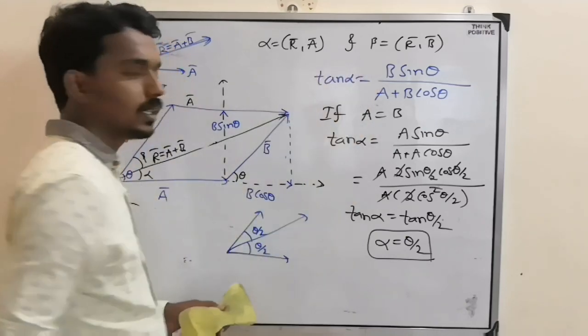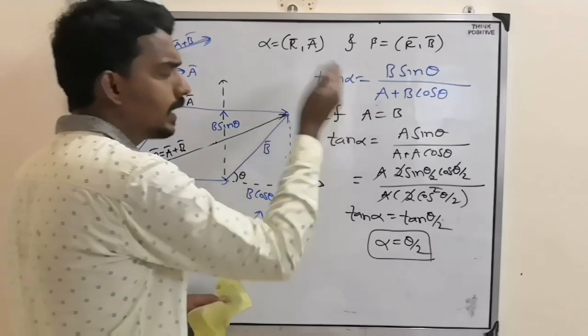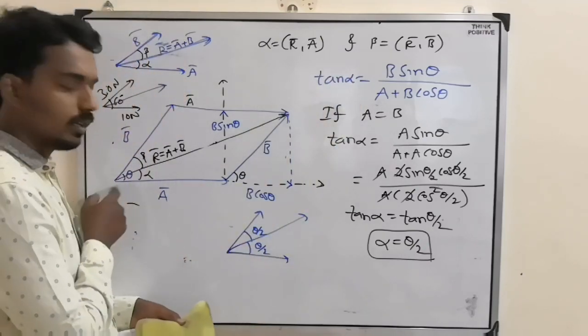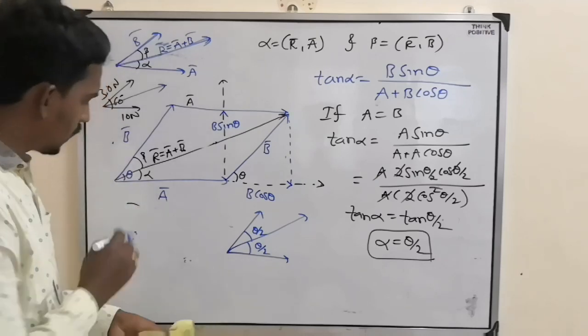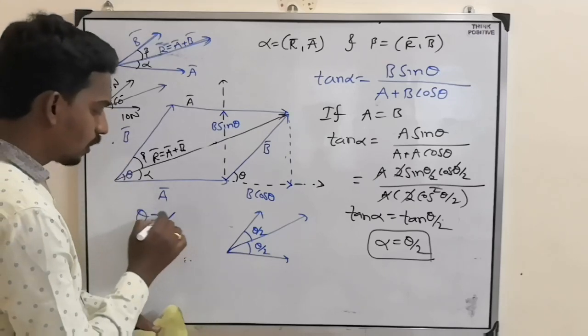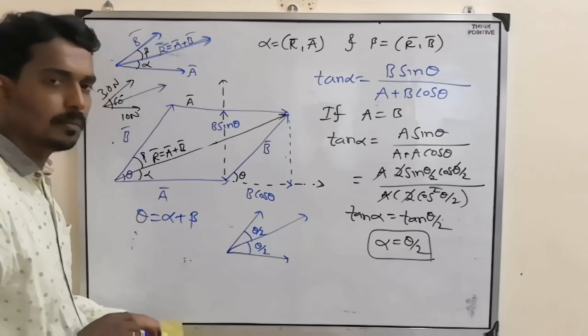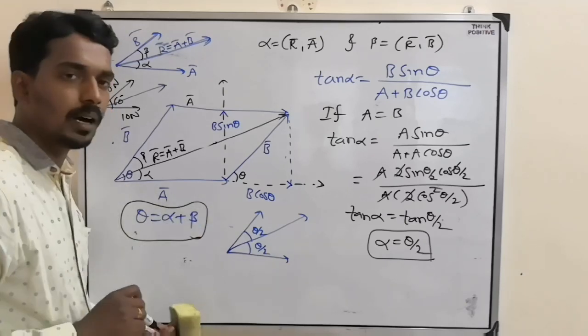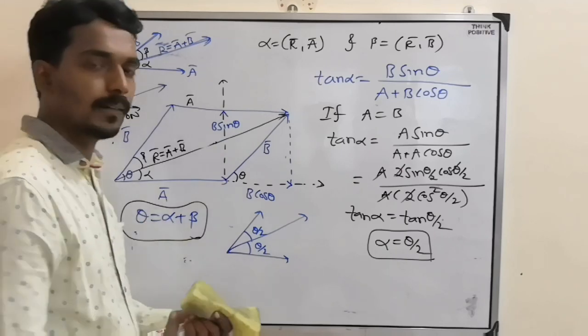Then you have to use this formula. If you find alpha, what is beta? Theta minus alpha, because here theta equals alpha plus beta. So this way, if you find alpha, then you can get beta.